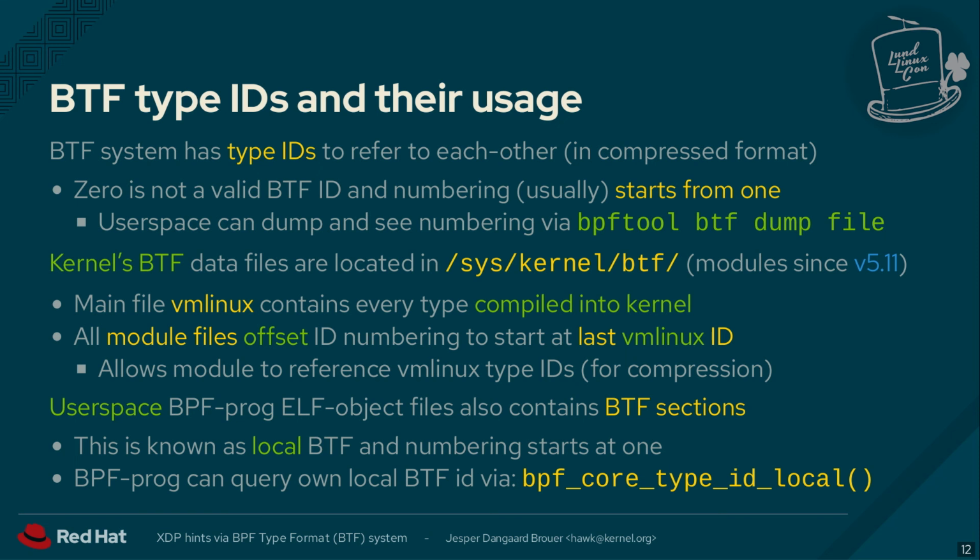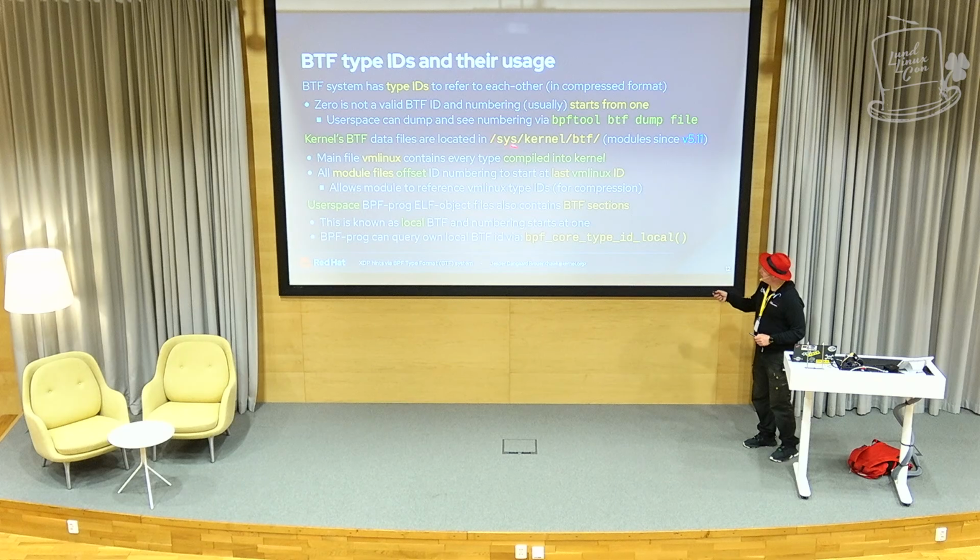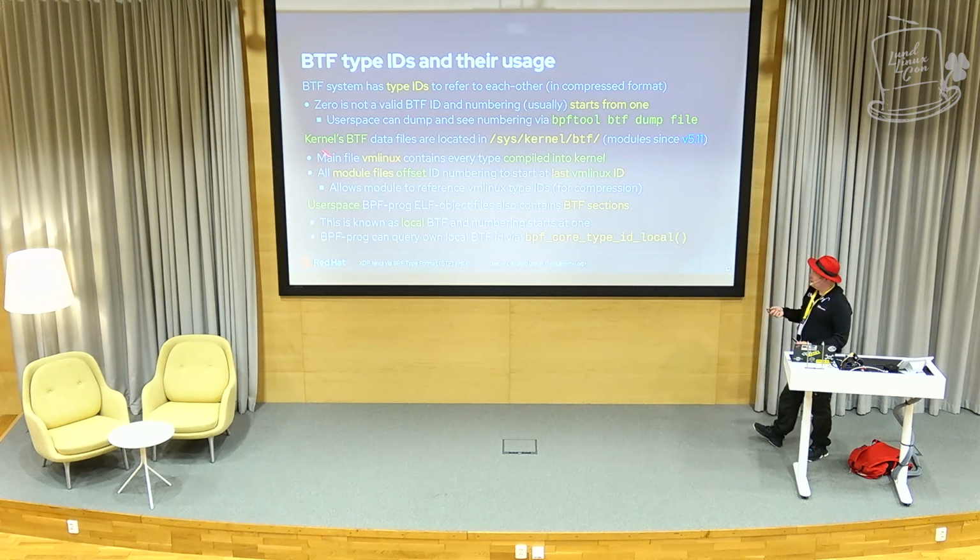We have a tool to dump them, so you can play with this from user space and actually see it. There are a number of files, as I mentioned before, in /sys/kernel/btf. For the main file, vmlinux, it contains all the types that are compiled into the kernel. And then there are also module files. These ID numbers start from the last ID of vmlinux, because the module files themselves can refer to the IDs from the vmlinux BTF.